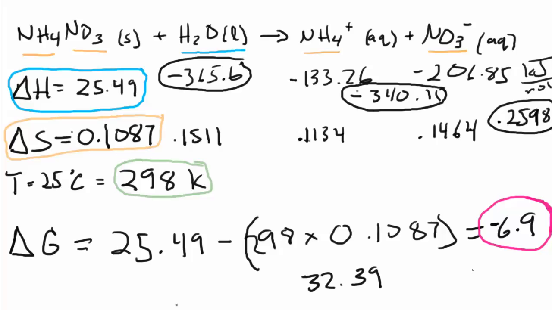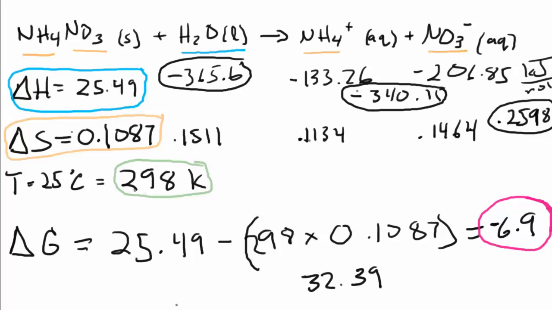So there we go. That's how you do it. There's those steps. You have to calculate your change in enthalpy. You have to calculate your change in entropy. You do that very similarly by summing the products, summing the reactants, and subtracting the reactants from the products. You have to get your temperature into Kelvin if it's given to you in Celsius. 25 Celsius is 298 Kelvin.